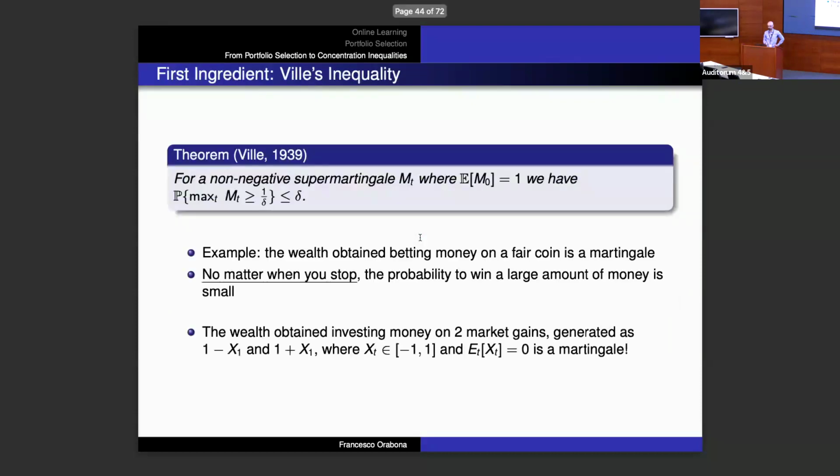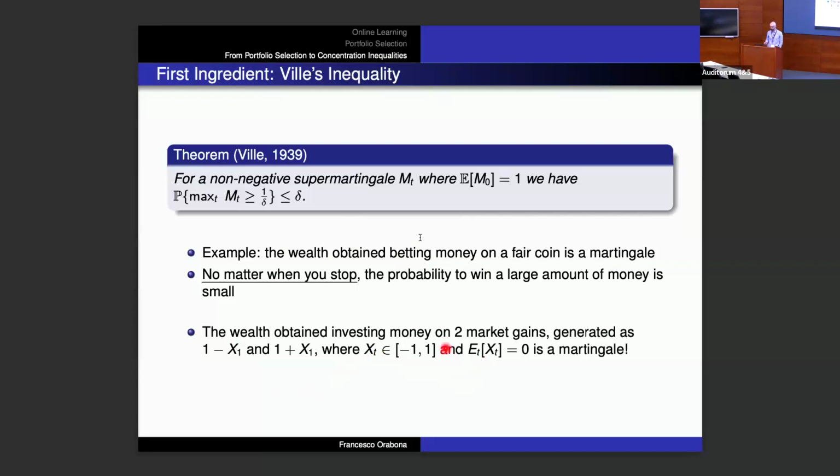Okay, so let me construct 2 market gains. We just have 2 stocks. One stock is 1 minus the random variable. The other stock is 1 plus the random variable. Okay? Given that the random variable is between -1 and 1, the market gains are between 0 and 2. That is completely fine. These are legal market gains.